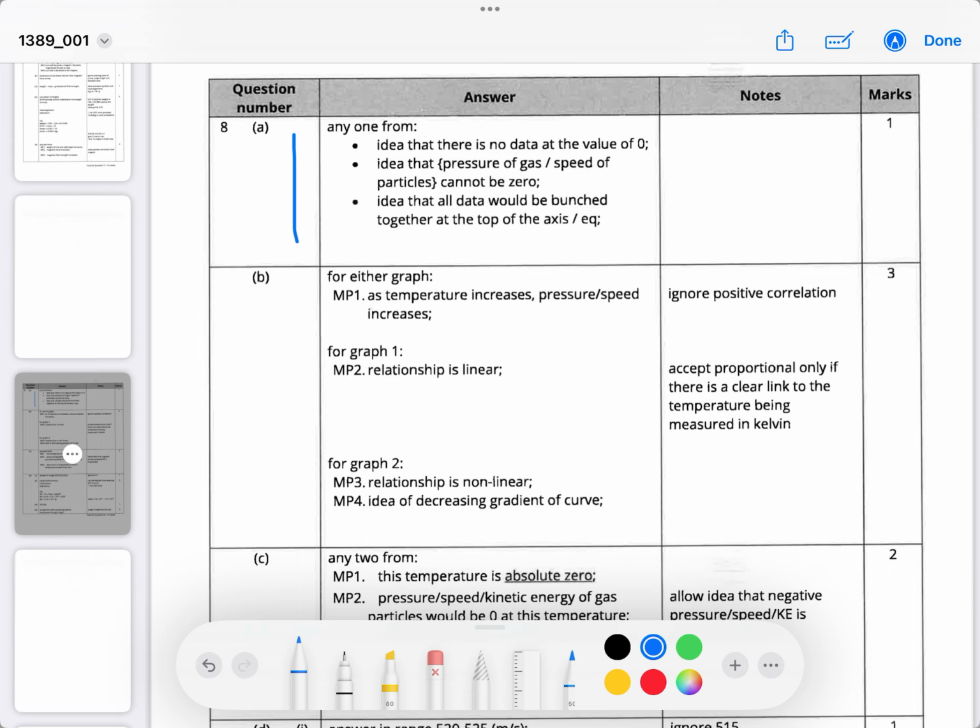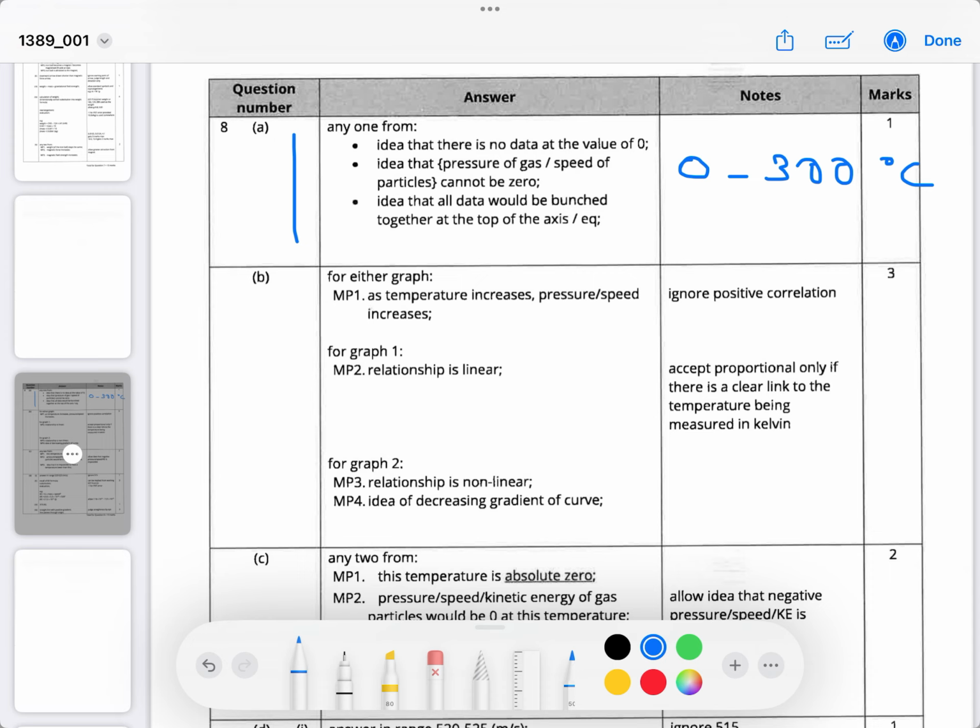Idea that the pressure of the gas or the speed of the gas cannot be 0. Certainly it cannot be 0 at the temperatures that we're talking about, which is between 0 and 300 degrees centigrade. So the only time the pressure will be 0 would be at 0 Kelvin, which would be minus 273.